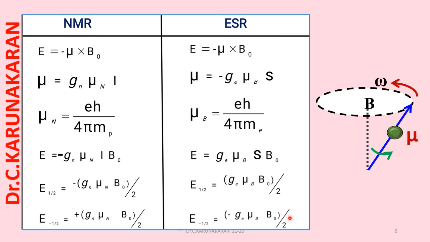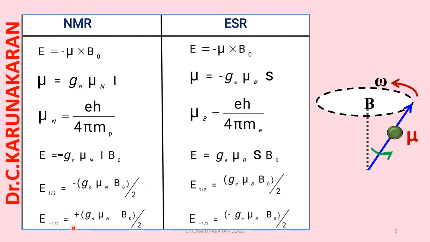Similarly, on substituting s equal to 1 by 2, you will get the energy of the ms equal to 1 by 2 state. On substituting s equal to minus 1 by 2, you will get the energy of the ms equal to minus 1 by 2 state.